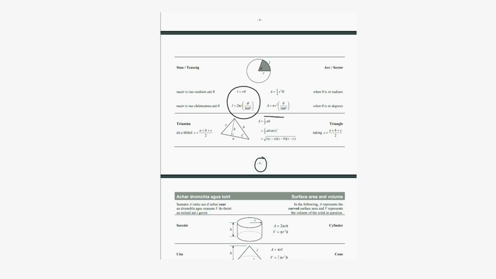And here's the 2 area formulas on the right-hand side of the page. So there's pi r squared times theta over 360, when the angle's in degrees. And there's the half r squared theta there, when the angle is in radians. So both of those formulas are on page 9 of your formula booklet, as a reminder.